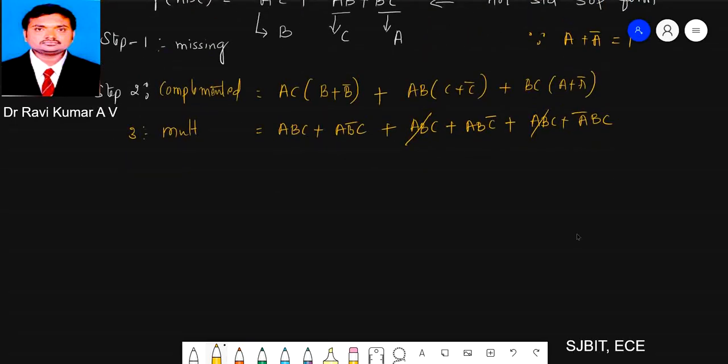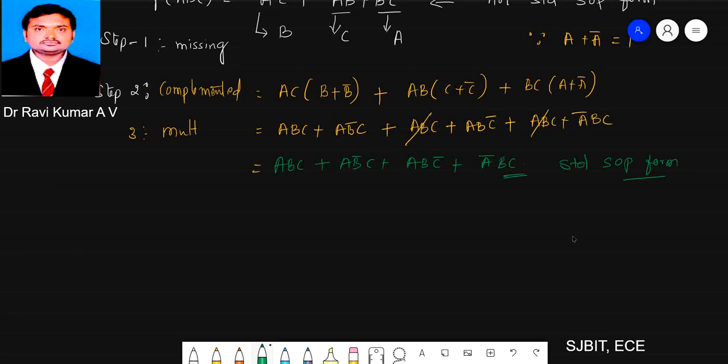So the final expression is ABC plus A B bar C plus A B C bar plus A bar BC. This is your standard SOP form, or canonical SOP form. This is how we need to convert into the standard SOP form.